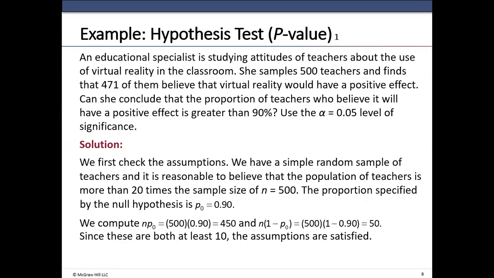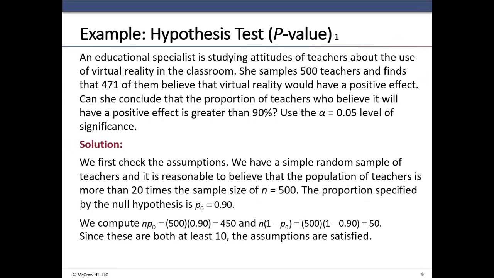So X is the number of people who belong in the specified category, in this case the number of successes, teachers who believe that virtual reality has a positive effect in the classroom. X is 471, n is 500. Can she conclude that the proportion of teachers who believe it will have a positive effect is greater than 90%?